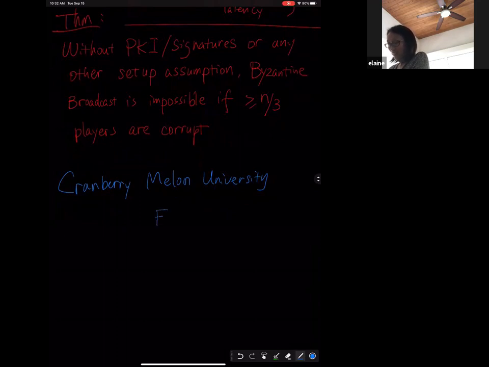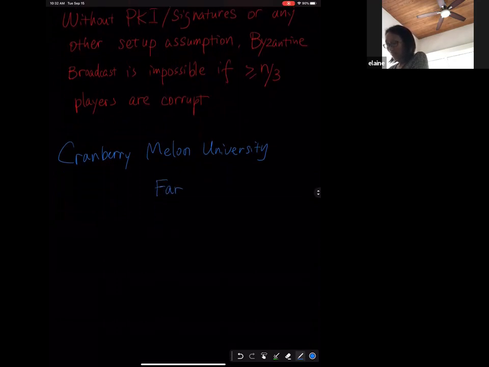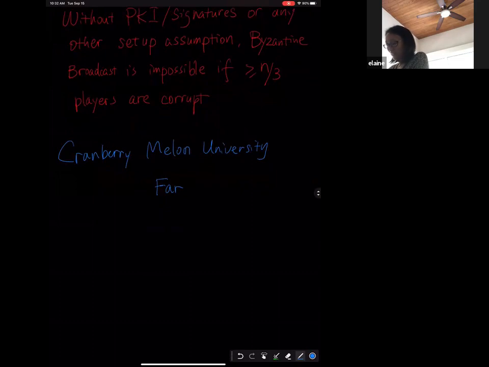The next president has two candidates, Moore and Less. So they want to run the consensus protocol to do the election. Let's say Farr is the designated sender, and he has a candidate in mind, and he wants to propose Moore to be the next president.